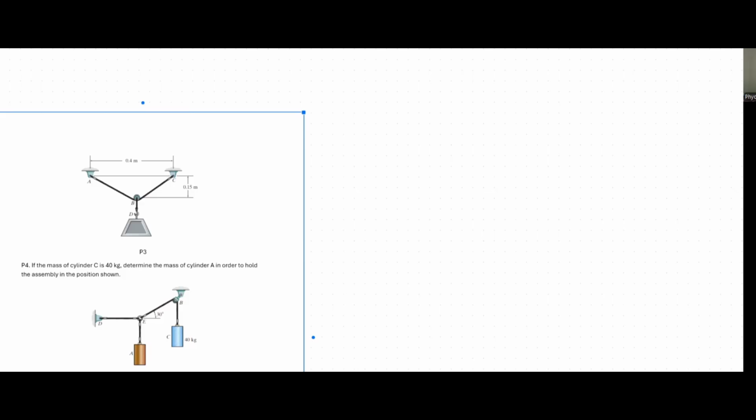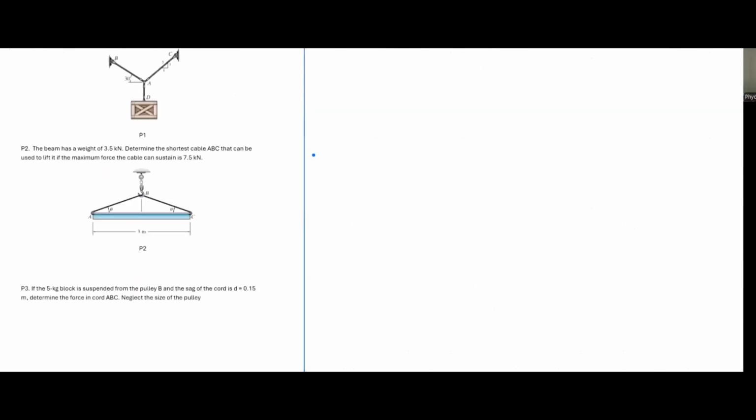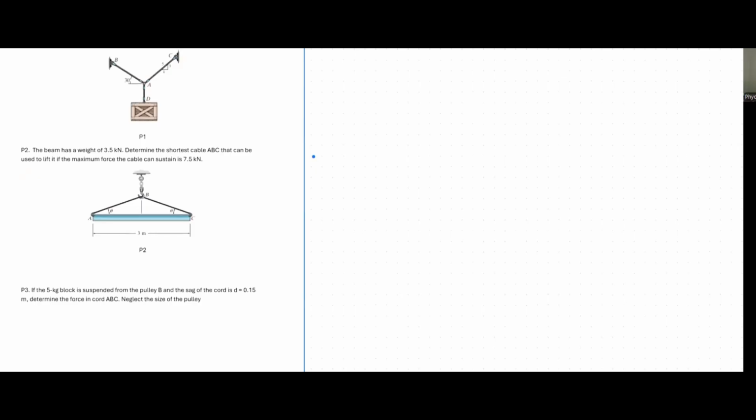If the 5 kg block is suspended from the pulley B at a rate of chord of, we have a chord D 0.15 meters. Determine the force in the chord A, B, C. Neglect the size of the pulley. So we're going to determine the force of AB.